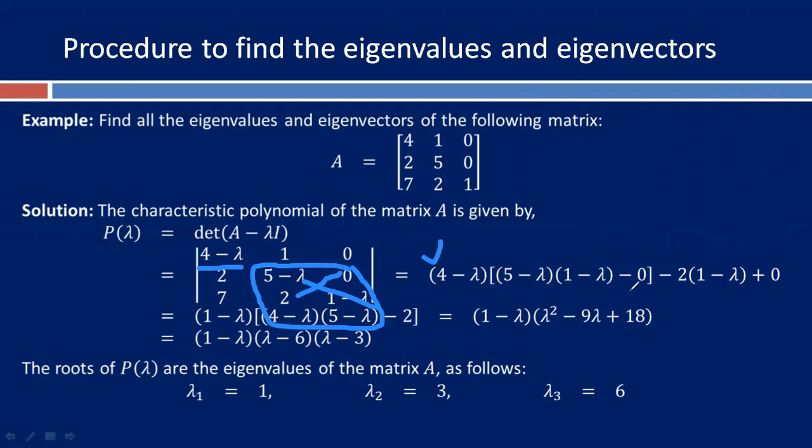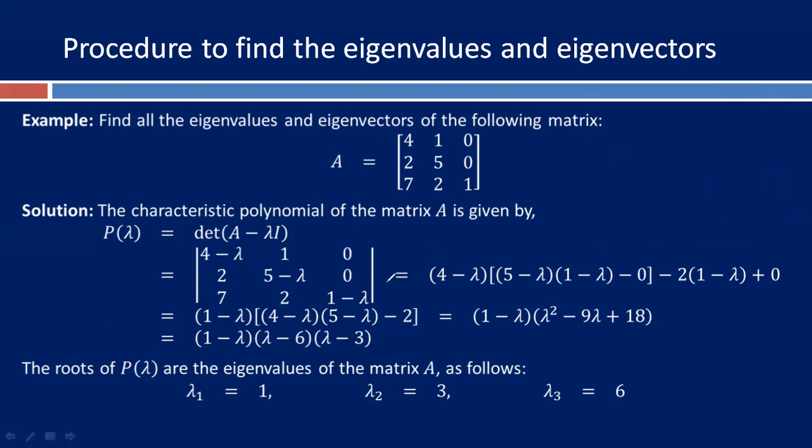When you calculate this step, write this element and minus 1 in brackets, and multiply these and these. Then in the next step, you write this element 0 and multiply these 2 terms. In other words, in the first step we eliminate this row and this column, in the second step we eliminate this row and this column, and in the third step we eliminate the first row and last column.